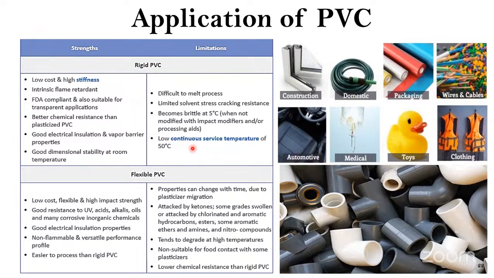See, whatever polymer we are using, it's very difficult to use it in virgin form, first of all. If you are designing anything from polymer, you have to add additives. Every polymer has its limitations according to its structure.